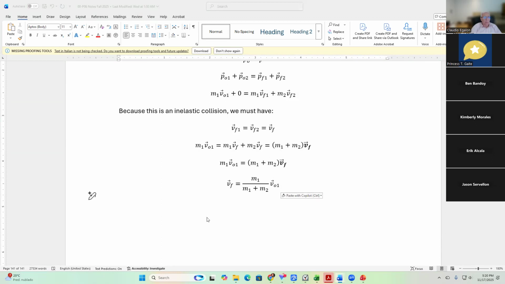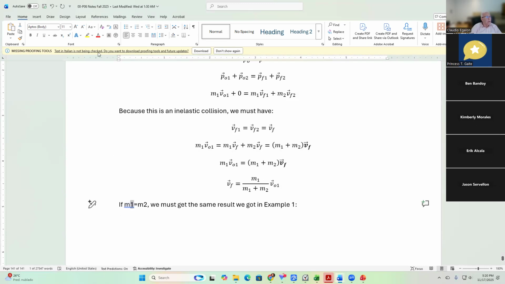So, if M1 equals M2, we must get the same result we got in example 1, right? Let's see if it actually works.